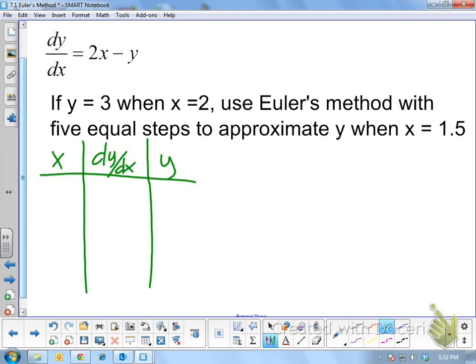So we know originally we have x is 2, y is 3. We find our slope using the new differential equation, 2x minus y. So our slope for the first one would be 1. So then we write out our tangent line.